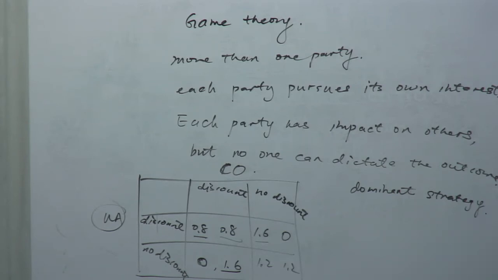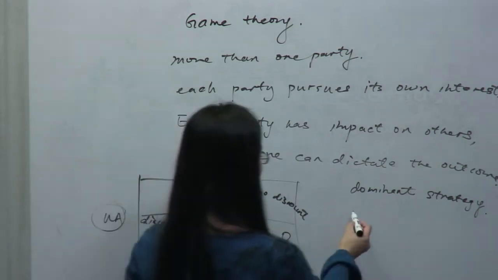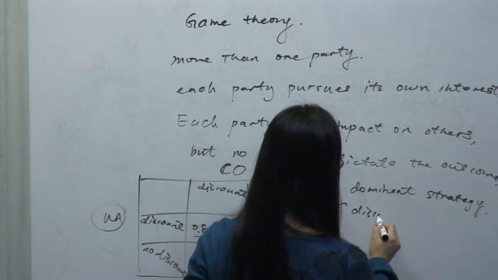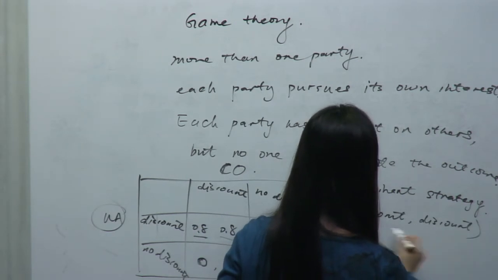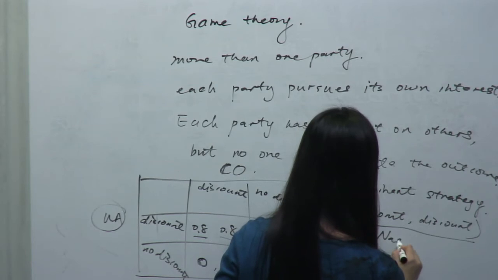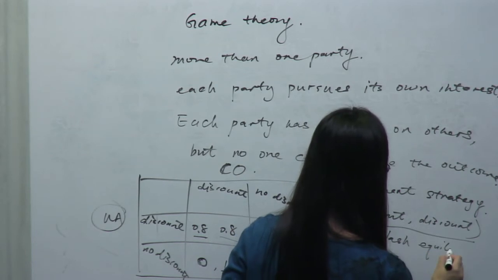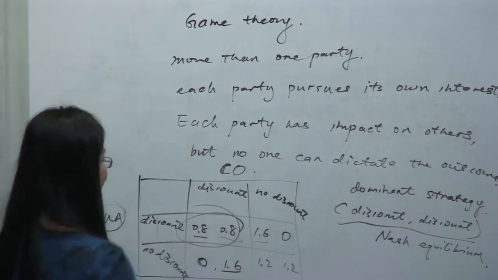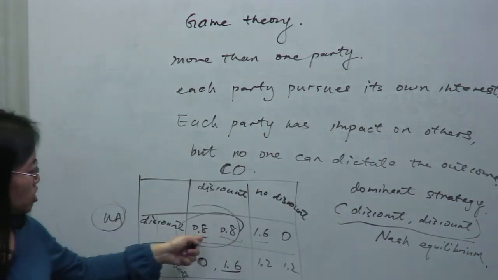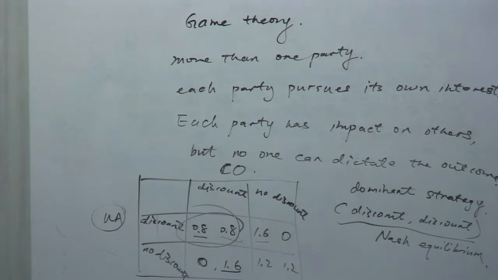And this here, discount and discount, is what we call the Nash equilibrium. It's an outcome where both numbers are marked underneath.